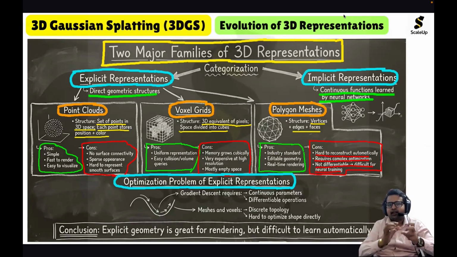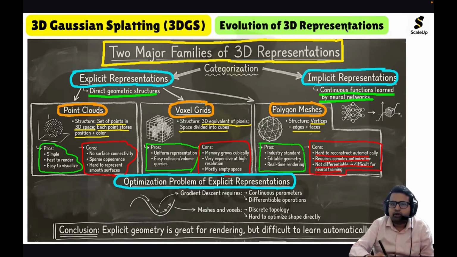Now the problem is that they are discrete in nature, and because of that, we cannot do gradient descent, because optimization using AI, especially deep learning, involves gradient descent. And gradient descent requires continuous parameters, because only if it is continuous will it be differentiable.